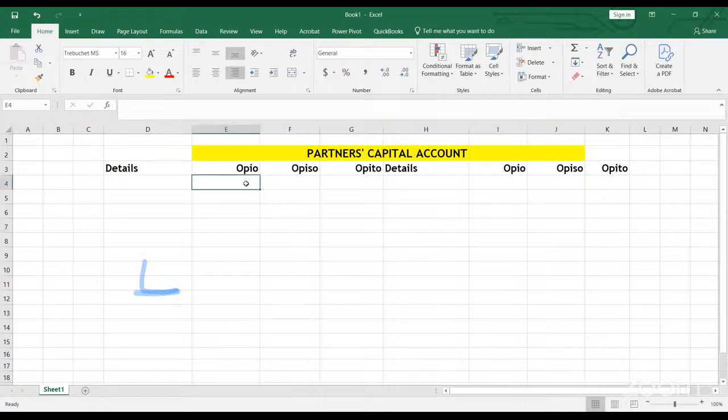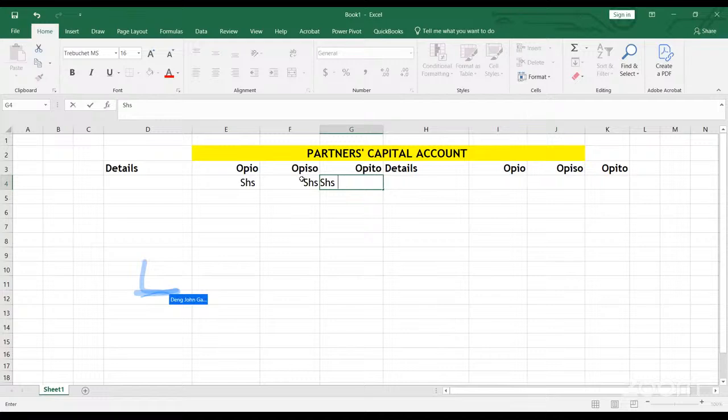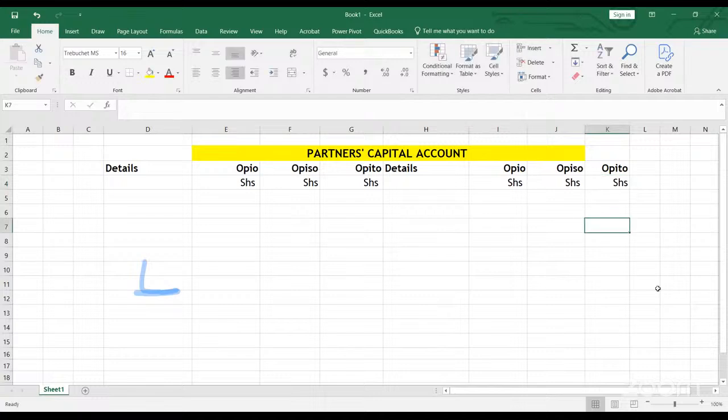The amounts are in shillings. Let's put the shillings. So we are going to start with the balances.